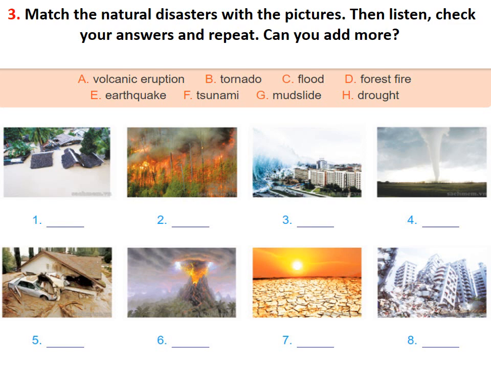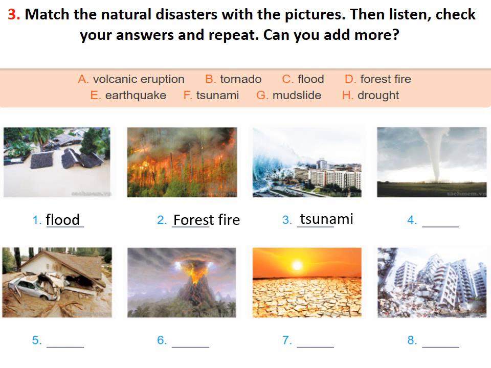Now let's check your answers. Number one is flood. Number two is forest fire. Number three, you can see it is a big wave, it is a tsunami.